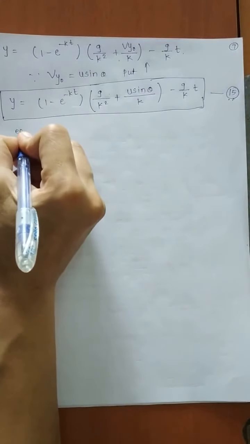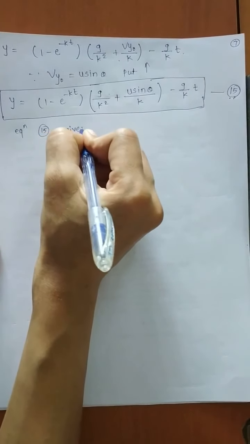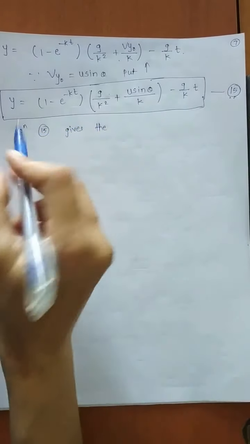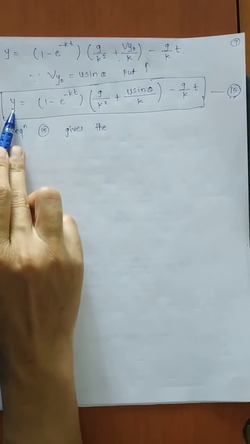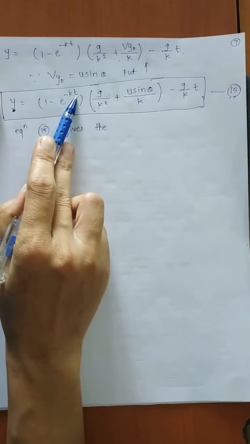So equation 15 gives me the position. Now see, this is y, that is the position along the vertical axis at any time t.